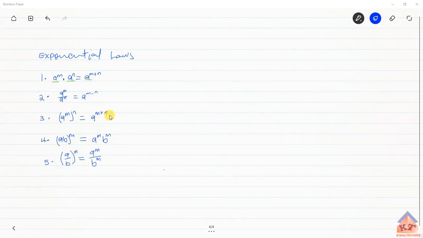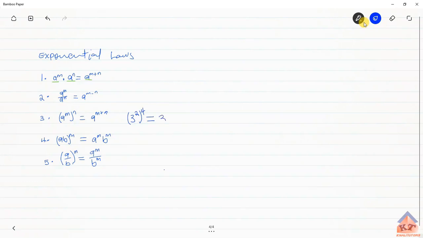Let us use numbers to explain this law. This law tells us that if you've got a number, for example 3 raised to the power 2, which is enclosed in brackets raised to the power 4, to get rid of these brackets, you'll simply multiply the exponents.